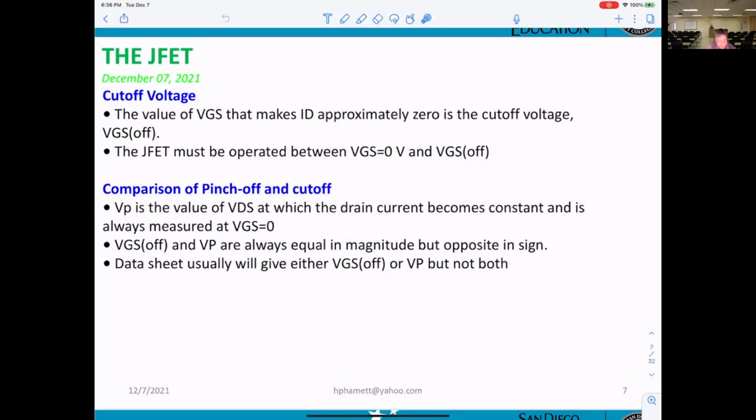If they give you VGS off equal -5 volts, you understand right away VP will be positive 5 volts. They are the same value, but opposite. That's why the manufacturer gives only one, not both. If they give you VP, then you know VGS off.